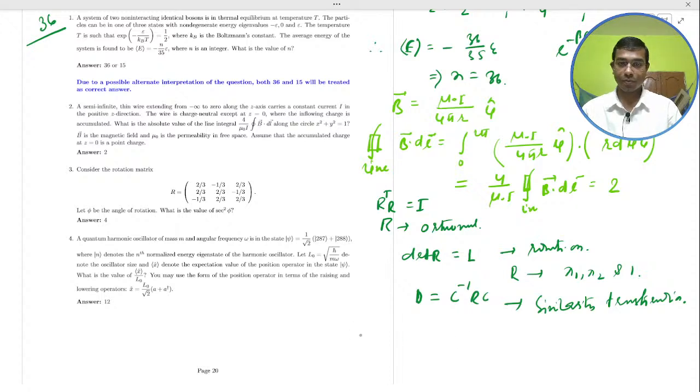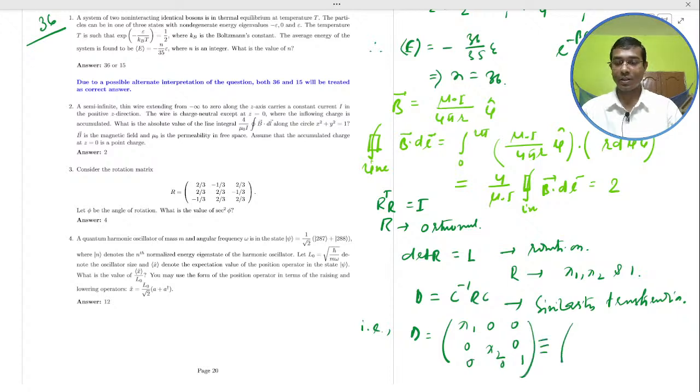So now D is equal to the matrix with diagonal elements lambda 1, lambda 2, 1, and off-diagonal elements 0, 0, 0, 0, 1.